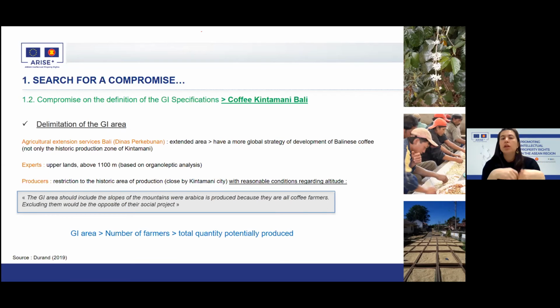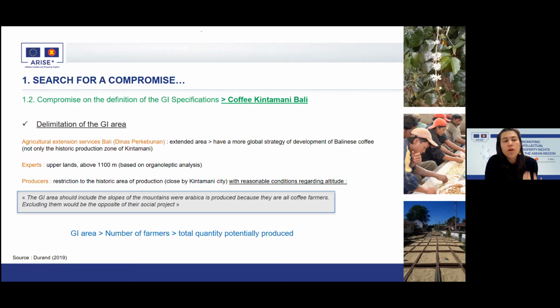They wanted to have a global strategy to develop Balinese coffee and not only the historic zone of Kintamani. Kintamani is the name of the volcano. It's also the name of a city in the region.